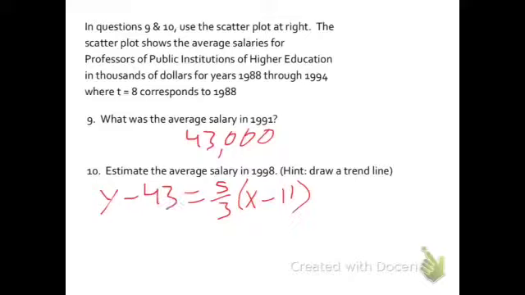And now you just need to simplify that a bit. Distribute the 5/3. Now you're looking at y minus 43 equals 5/3 x minus 55/3.